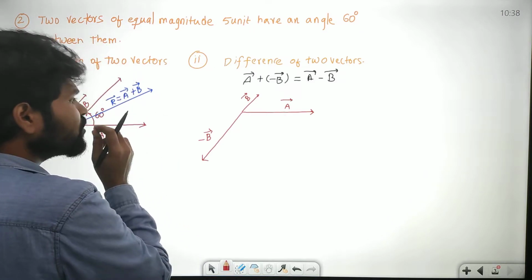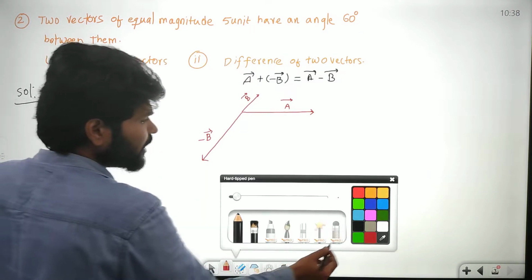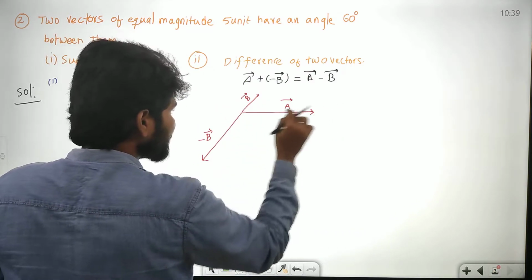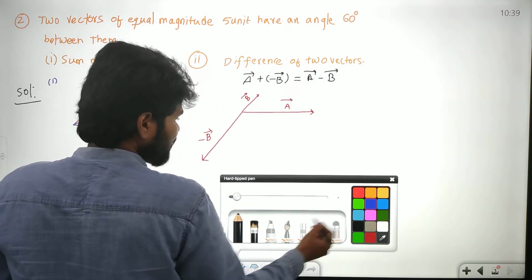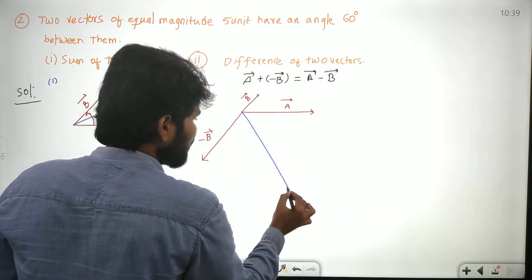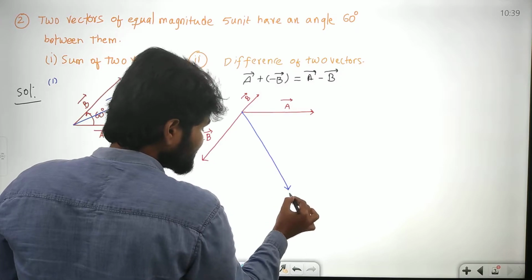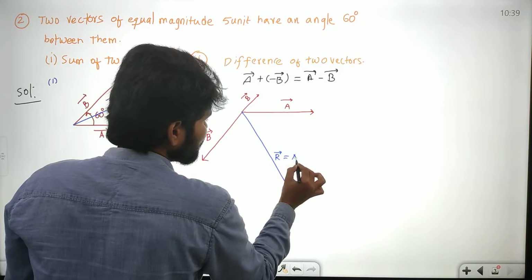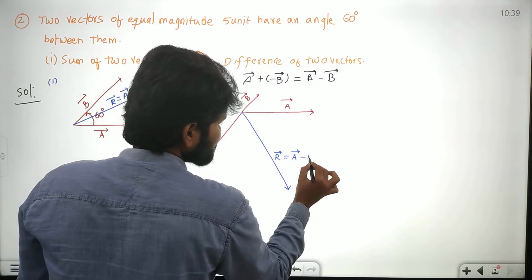So what do we do now? The resultant should be in which direction? If this vector is like this and this vector is like this, the resultant should be like this. This is the resultant vector, that is vector A minus vector B.